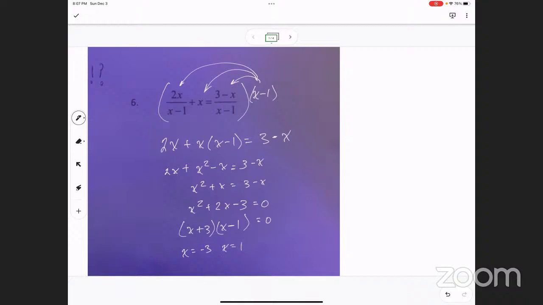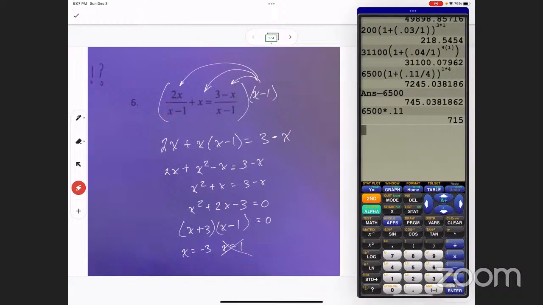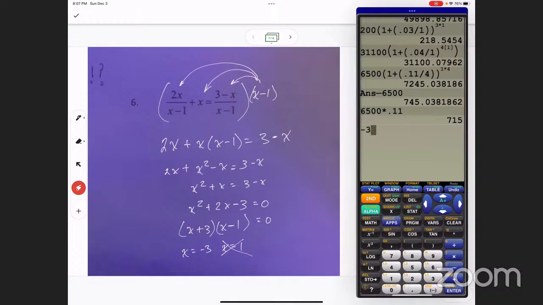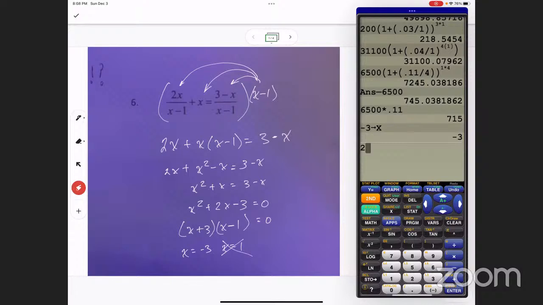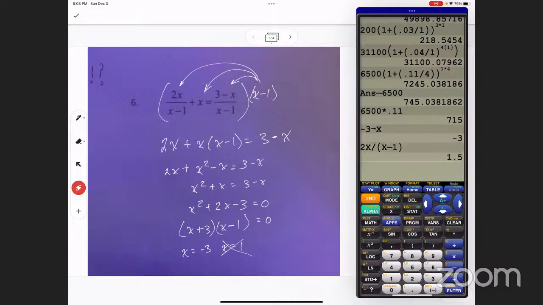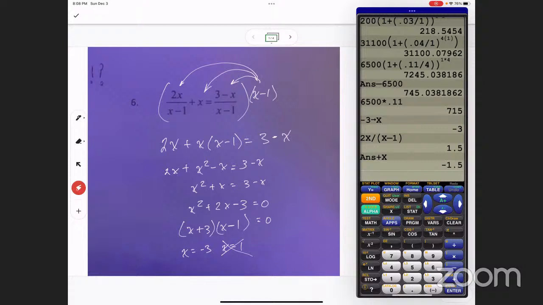But now you have to check. Go plug them back in up to the top, and you'll notice you can't plug in 1 because it would give the denominator of 0. And just to check, you remember how to use your store button on here? Store -3 for x, and then if you're allowed to use your calculator, which you may not be able to, 2x divided by, just be careful when you're writing this, x minus 1, hit enter, and then add x to that, hit enter, and that should be the same thing.